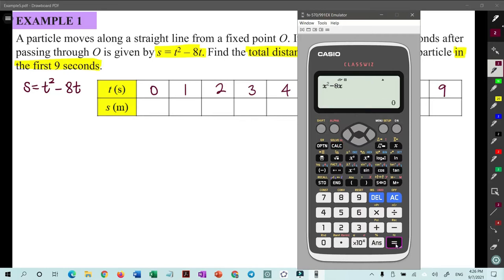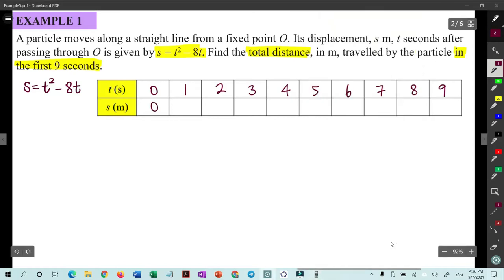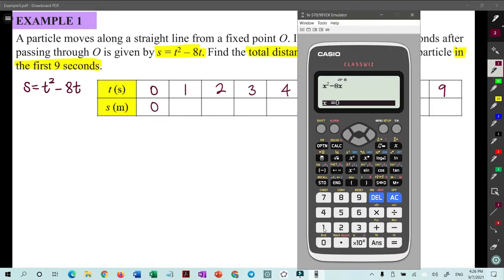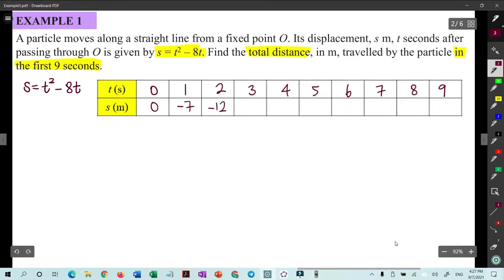Enter. We get 0. Enter again. Key in 1. Enter. We get negative 7. Enter again. Key in 2. Negative 12. And you can just complete this in order to get the rest of the values.